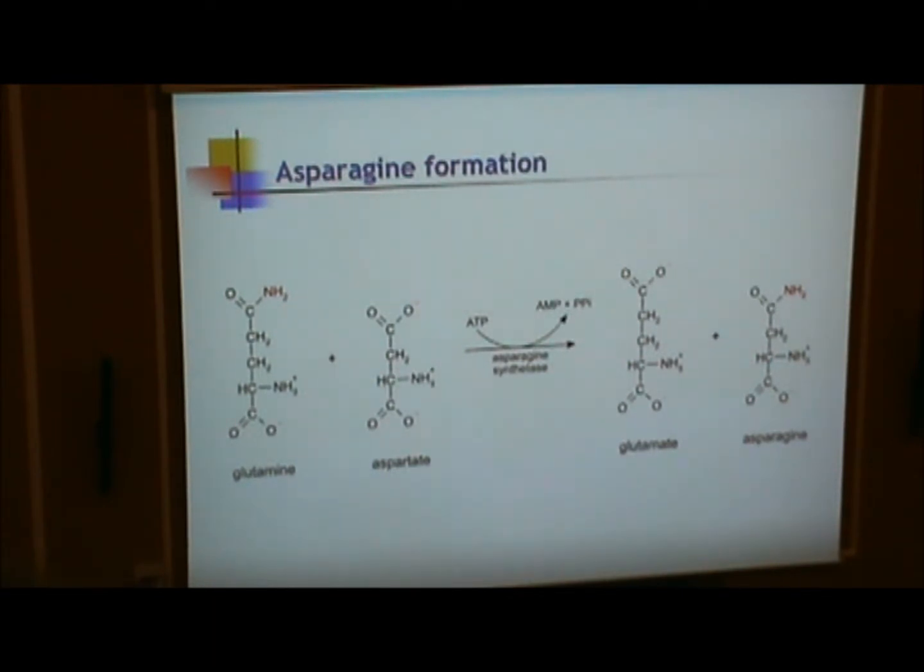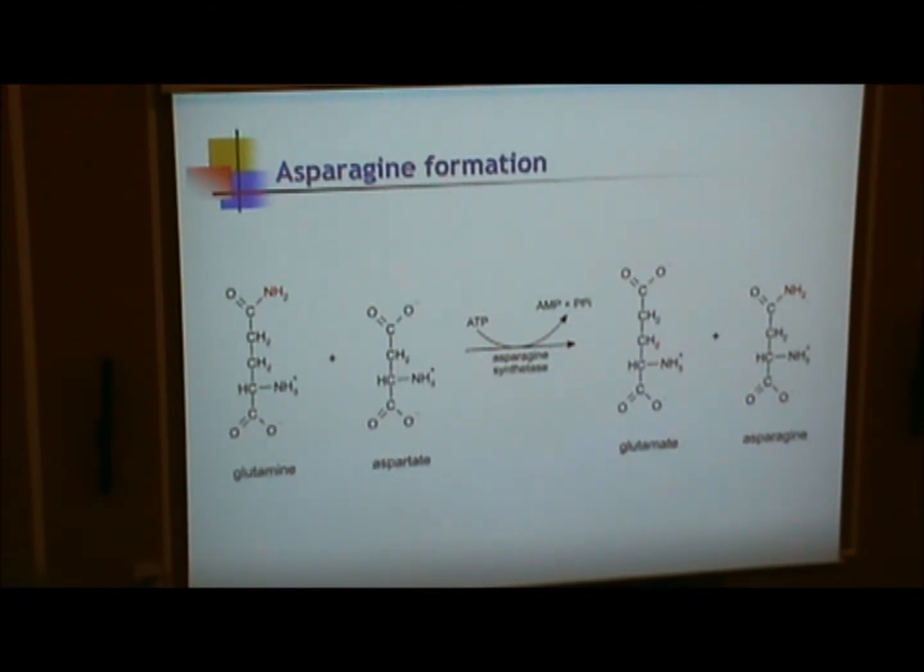The other pathway of glutamine metabolism is biosynthesis of asparagine. So glutamine may interact with aspartate.